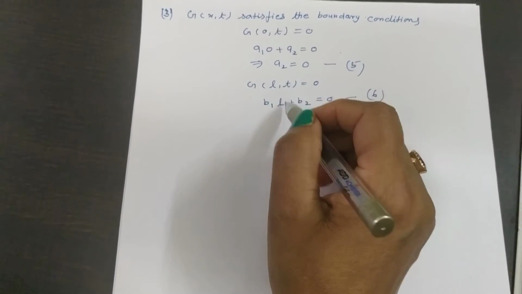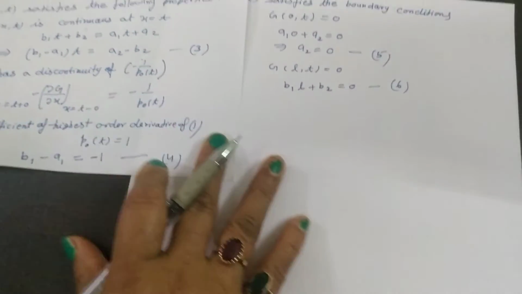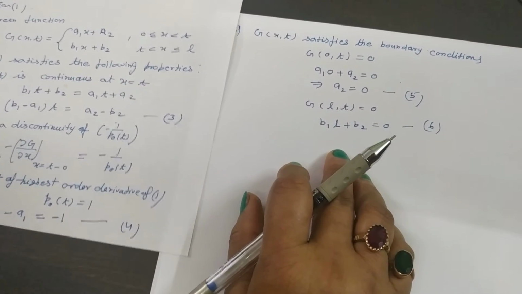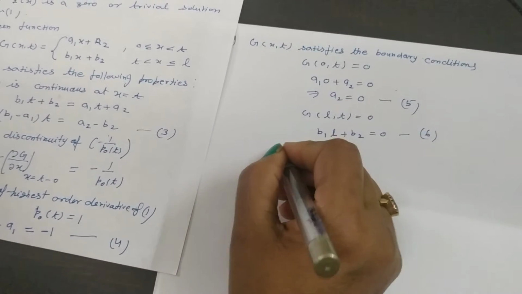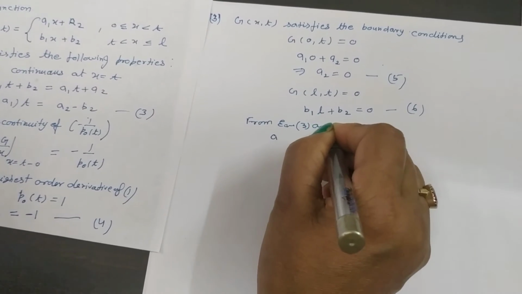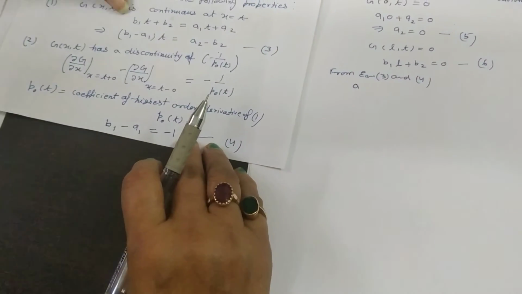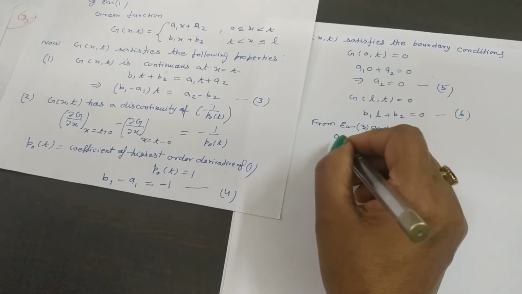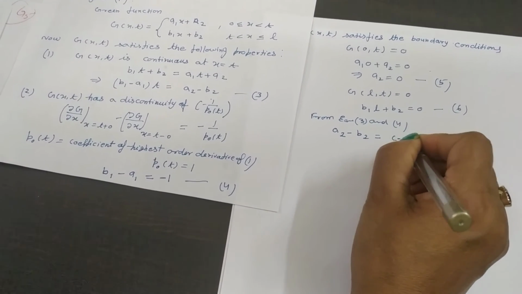Now from equation 3 and 4 we say that, from this equation and this equation, b1 minus a1 is minus 1, so this can be written as a2 minus b2 is equal to minus t.